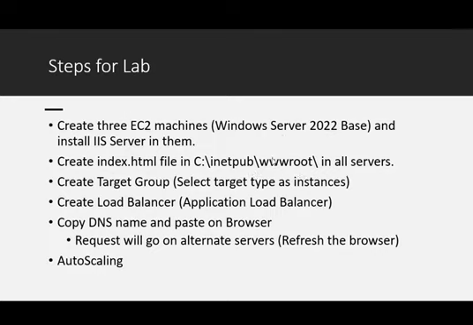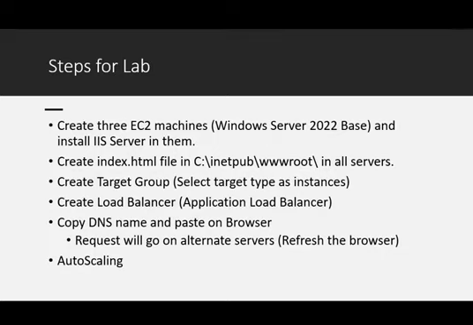Once these three EC2 machines are ready, I will be creating a target group where I will be selecting the target type as instances. Then I will be moving ahead with the creation of application based load balancer, and I will be testing the load balancer redirection on each server by copying the DNS name and pasting it on the browser.